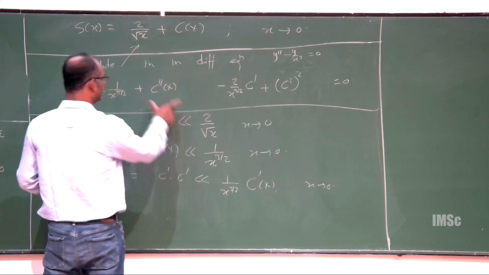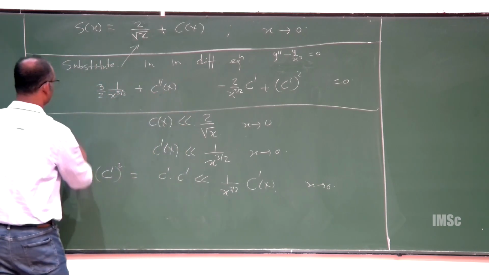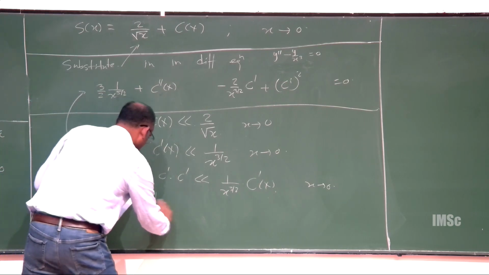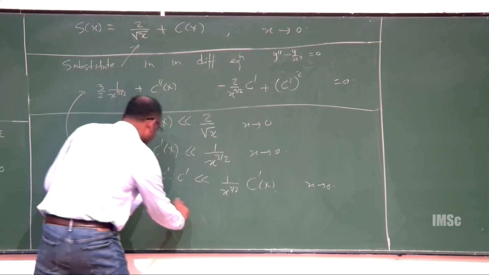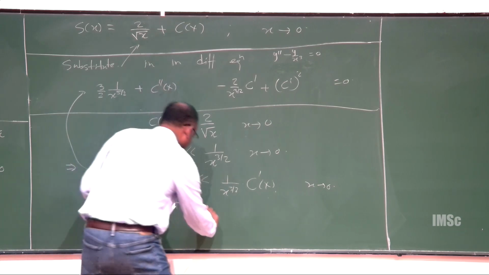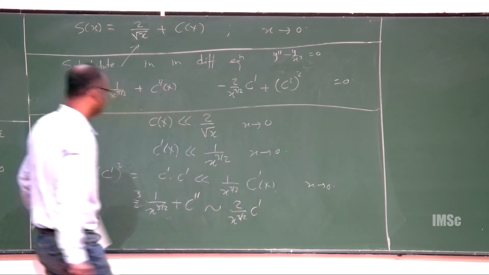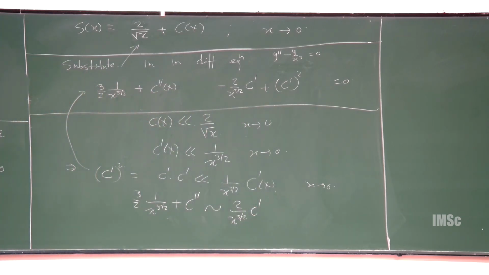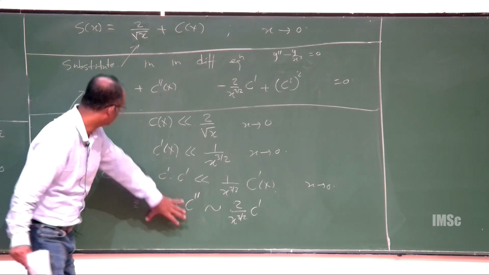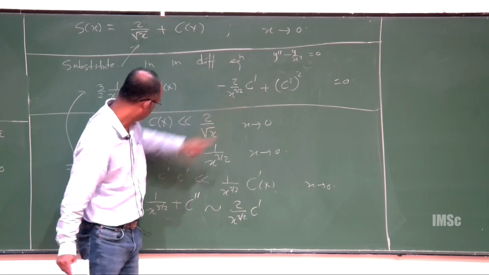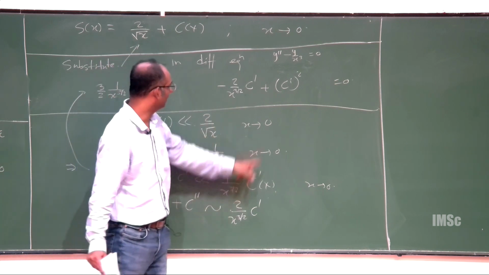Now if I use this information in this equation, I get 3 halves times 1 over x to the 5 over 2 plus c double prime is asymptotic to 2 over x to the 3 halves times c prime. So these two terms are here, and as I have already argued, the c prime squared is much smaller than this.